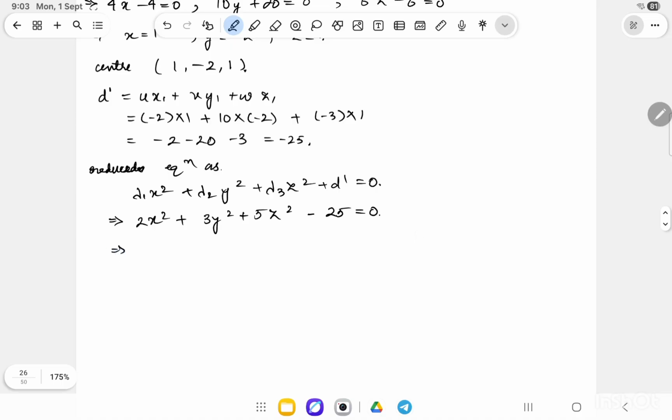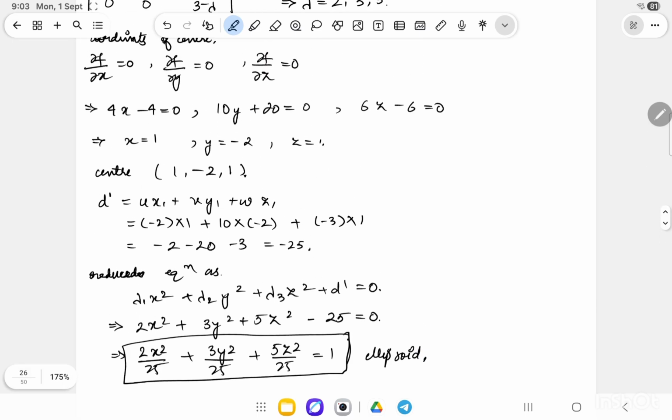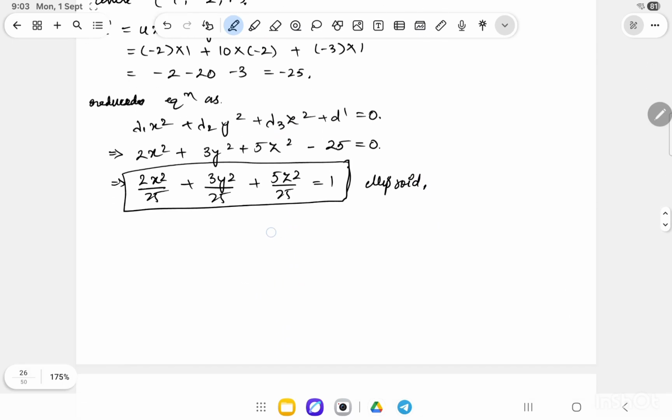So if I simplify it, I'll be getting 2x square by 25 plus 3y square by 25 plus 5z square by 25 is equals to 1. And this is basically an equation of ellipsoid. This is ellipsoid and its center is 1, minus 2, 1.